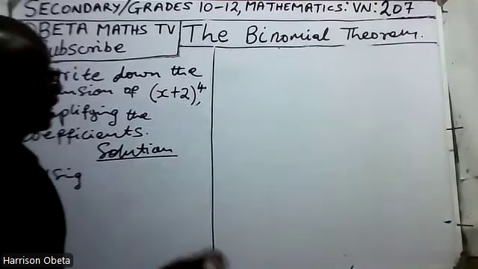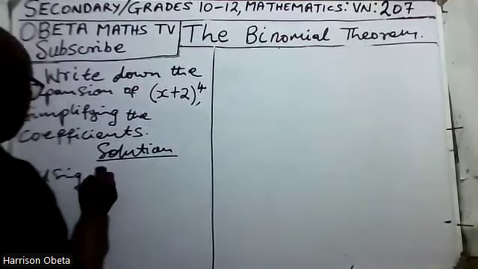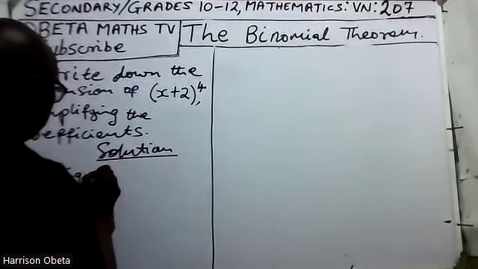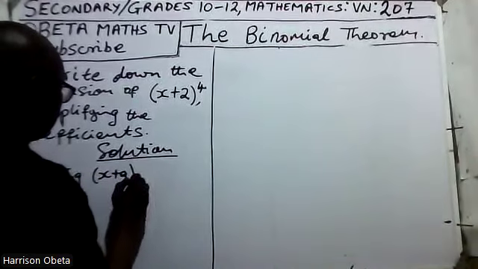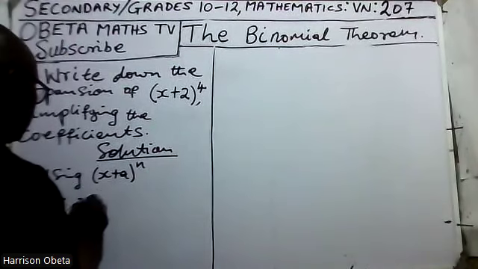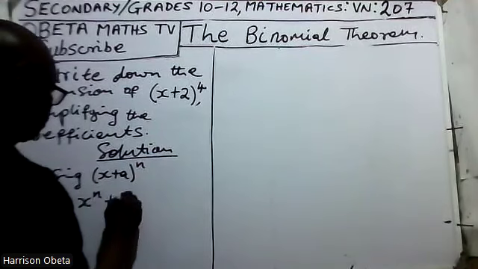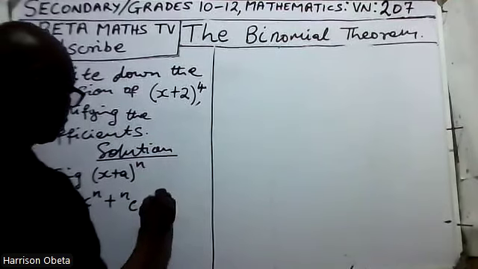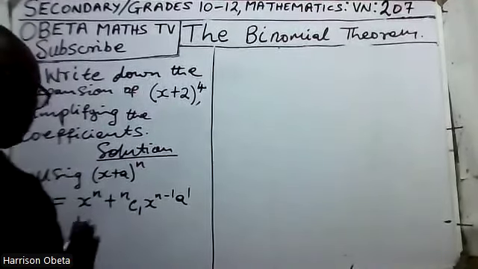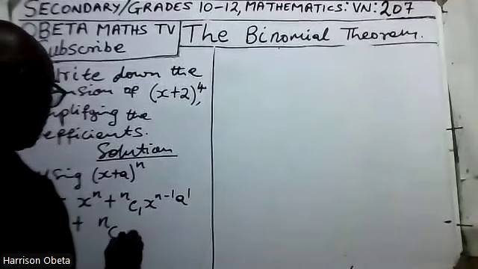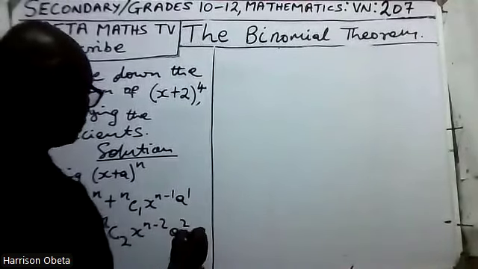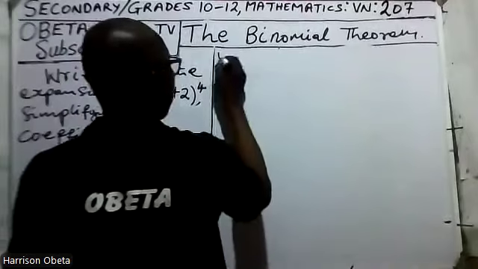Using the theorem, x plus a raised by n equals x raised by n plus n combination 1, x raised by n minus 1, a, plus n combination 2, x raised by n minus 2, a squared, and so on.